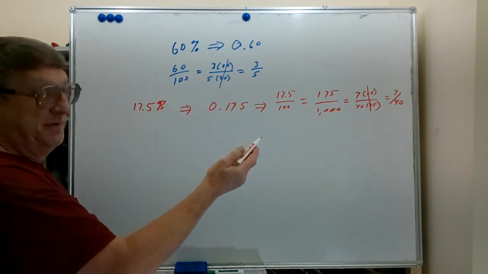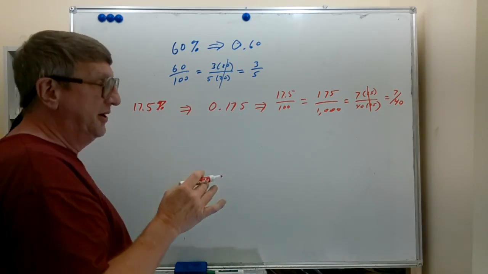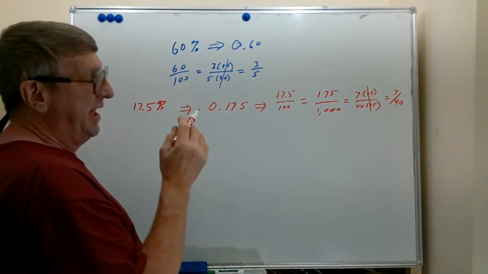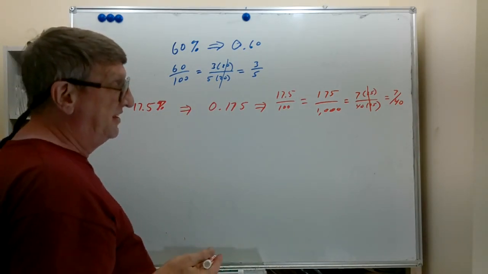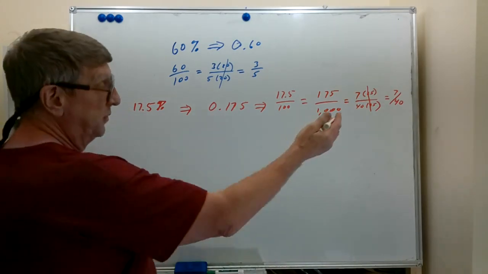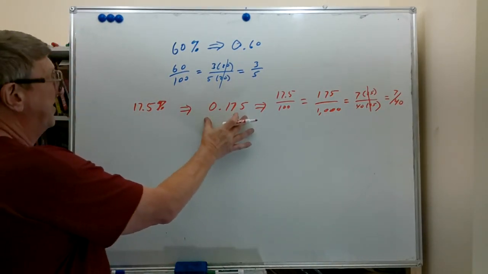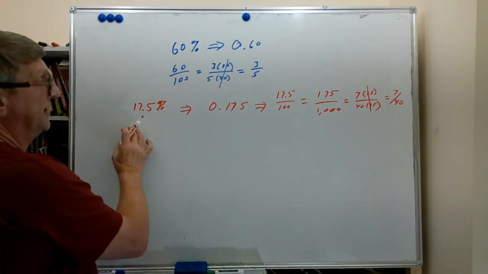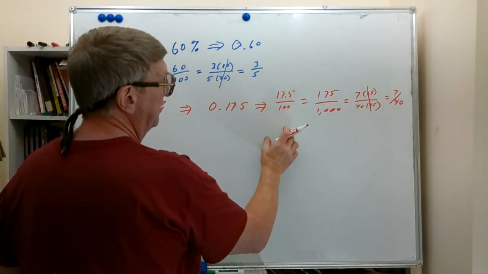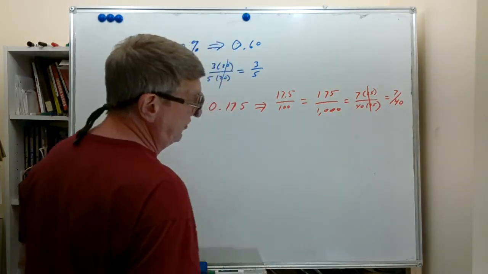Again, we have a prime number in the numerator, which helps us realize that the numerator can't be reduced further. And 40 is not a multiple of 7, so we know that there are no common factors of 7 and 40. So we're in lowest terms. 17.5% became a decimal, 0.175, became a fraction of 175 over 1000, reduced to 7 over 40.